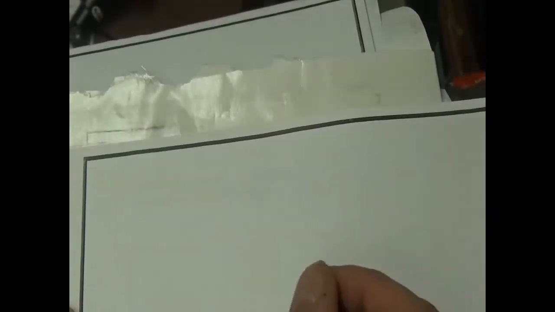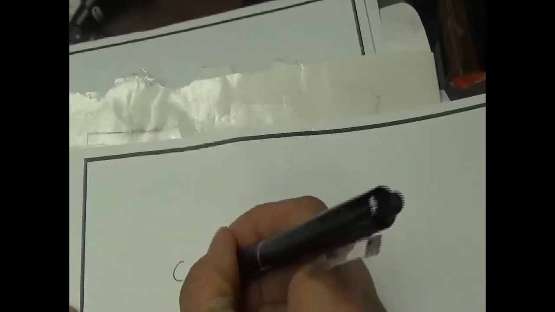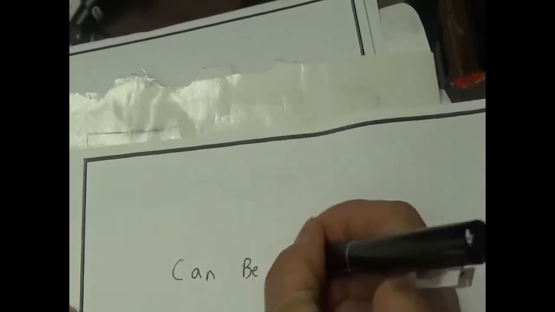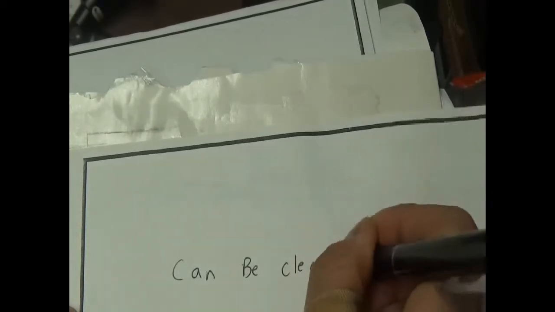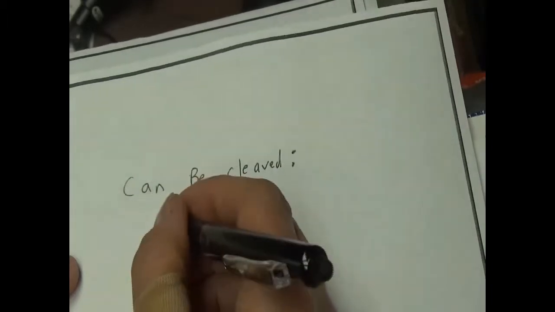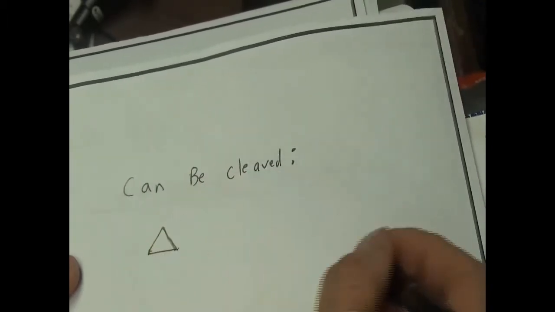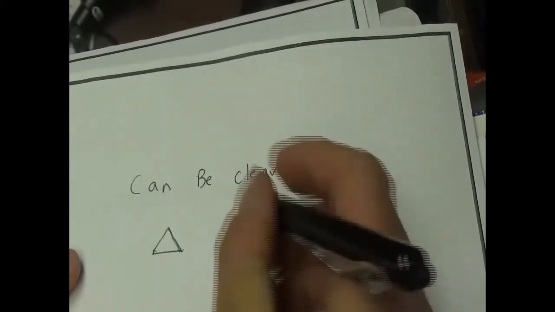Interestingly, with the unstable structure in cyclopropane, it can be cleaved. There's a chemical reaction that will cleave cyclopropane very easily, because all these C-C bonds are weak. They're unstable bonds.